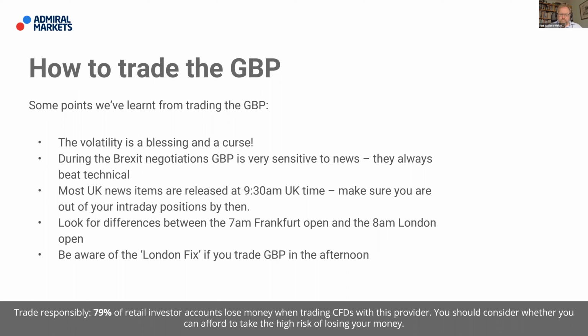One of the things you can pick up is to look for differences in the way price operates and moves between the 7 a.m. Frankfurt Open and the 8 a.m. London Open. Remember, because of the time difference, Frankfurt opens at about 7 a.m. London time, and then you have the London Open at 8.